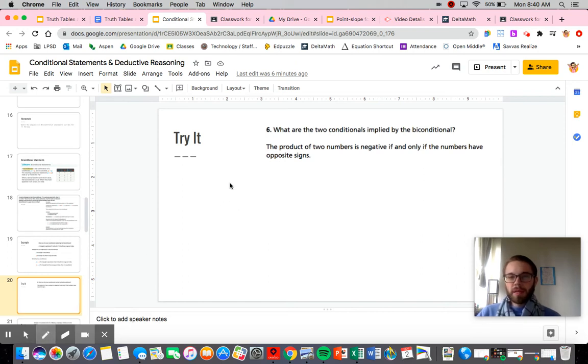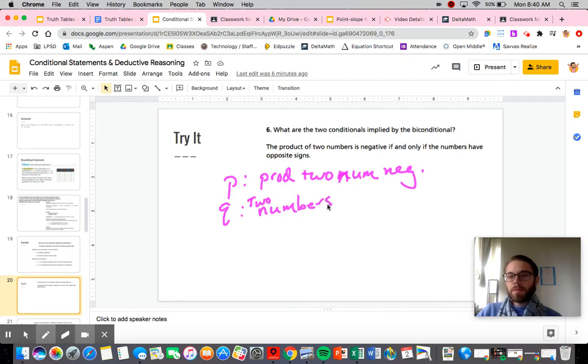Let's identify P and Q. P is the product of two numbers is negative, and Q is the two numbers have opposite signs.